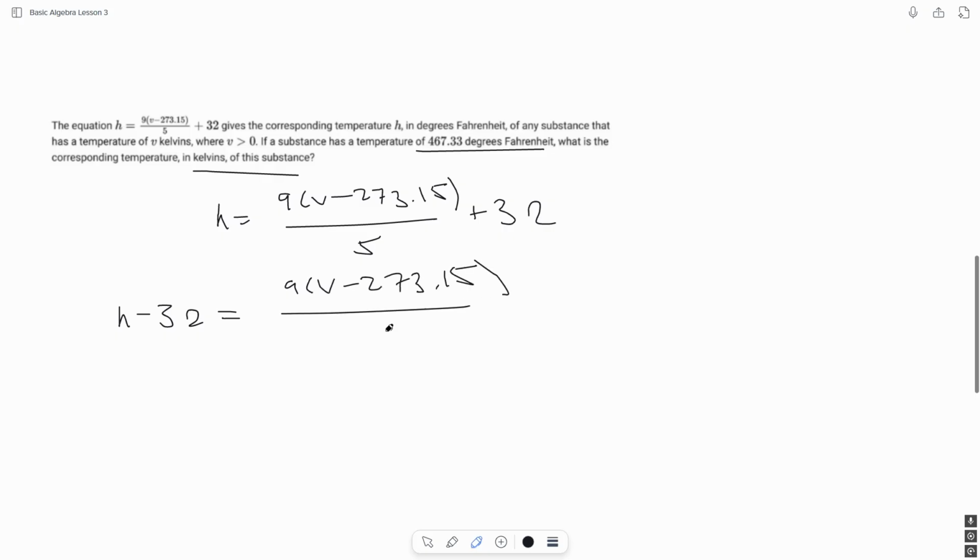You can actually get rid of 9/5 by dividing each side by 9/5 or multiplying by 5/9, like this. And then to get rid of the minus 273.15, you'll just add 273.15 to both sides.